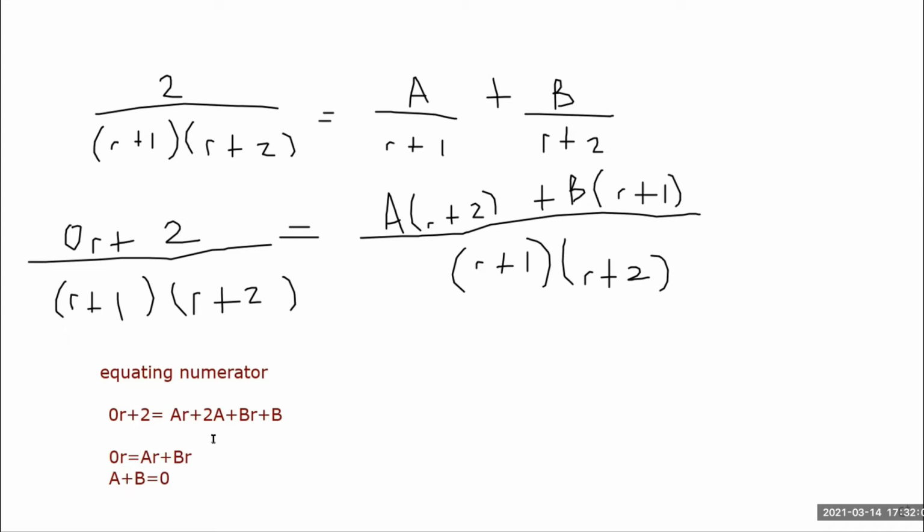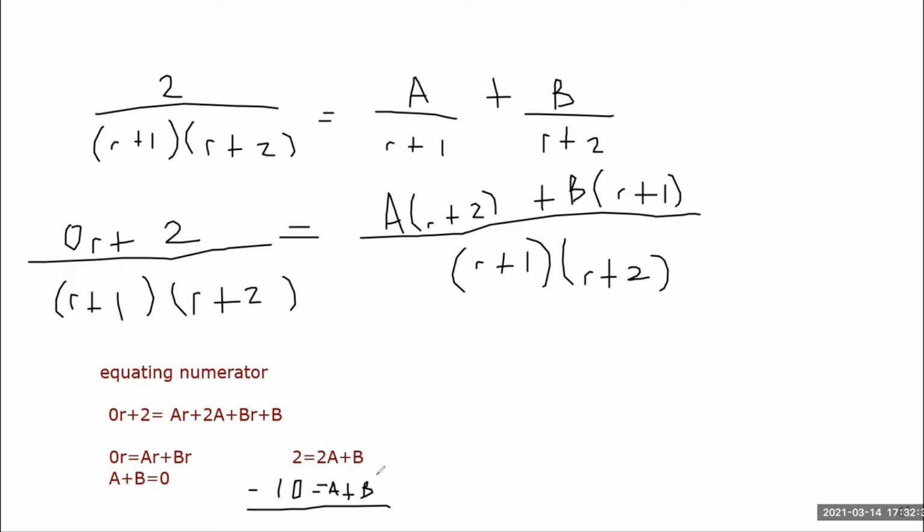Then grouping our constants, 2 is equal to 2a plus b. Since this is what we get, we're going to solve these two equations simultaneously. So we have 0 equals a plus b, and 2 equals 2a plus b. We're going to subtract the two equations.